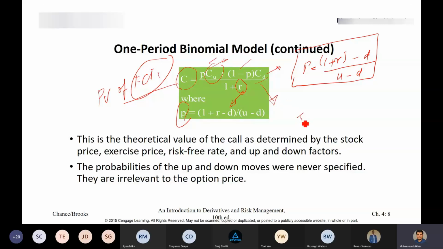Please read that, and you will see there is a very good discussion on why we are using the risk-free rate, and whether the discount rate or the required rate of return on the stock is the same as the required rate of return on the call, and if not, why not, and if it is, how much. So have a look at this discussion there, and if you have any question, I can entertain that later in our drop-in sessions next week.